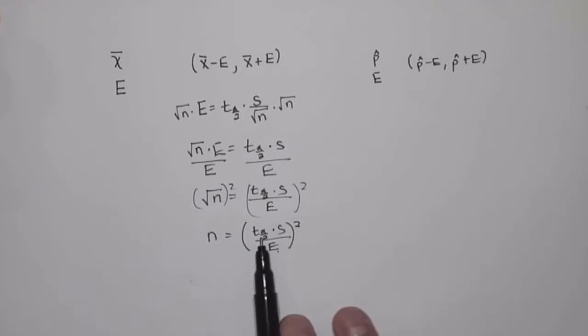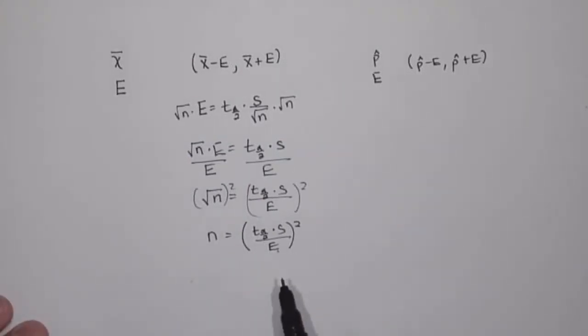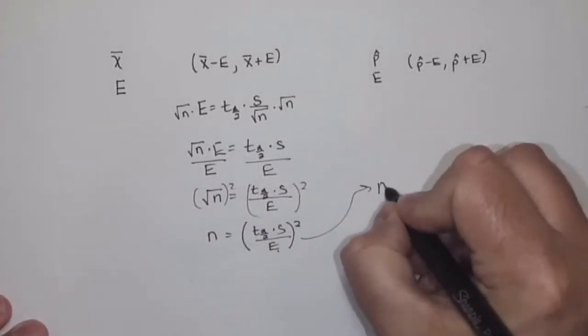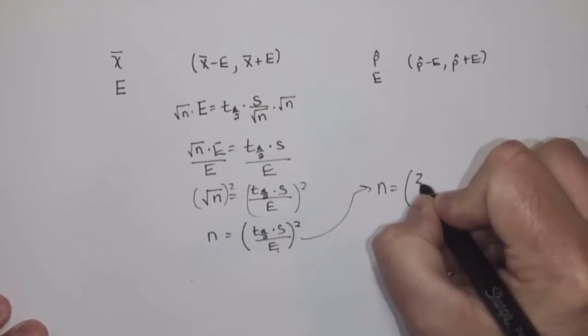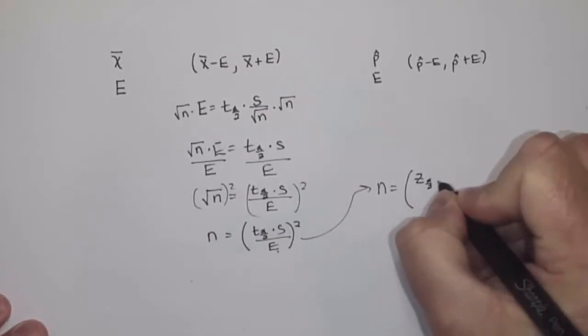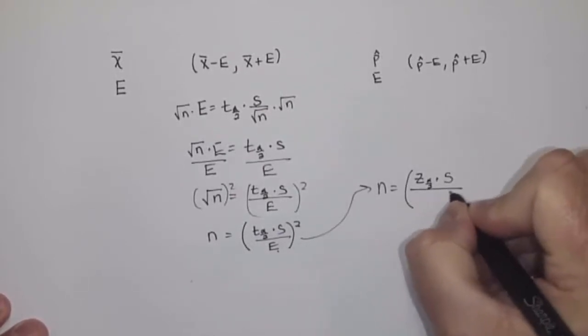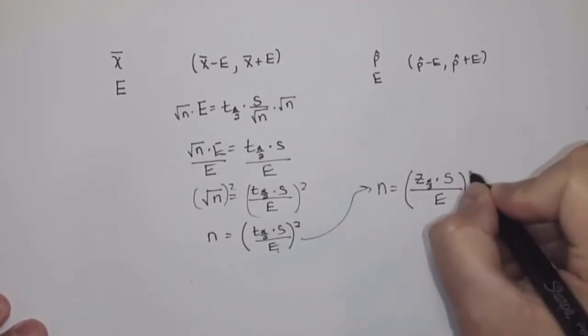The other issue is here I have this t sub alpha over 2 as my critical value, but we're not going to be able to tell what that critical value is because we're not going to know the degrees of freedom. So instead, we're going to replace that with a critical value from the standard normal distribution. So what we're really going to do is use z sub alpha over 2 times s over e, squared.